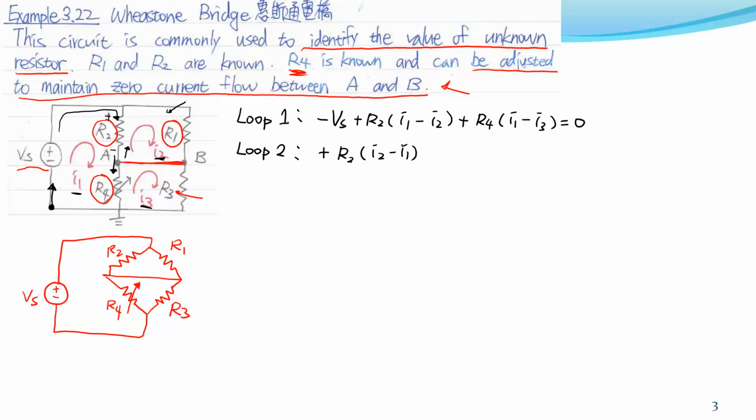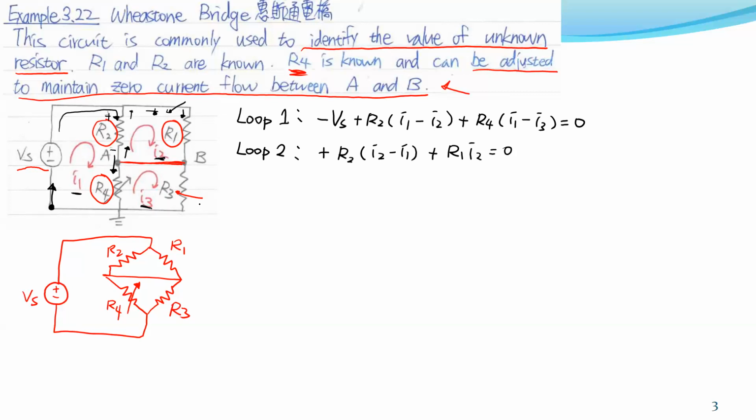Then we come to R1. R1 also consumes energy, so plus R1 times I2 equals 0. Between A and B there are no resistors, so we complete the equation, because within loop 2 only R2 and R1 consume energy.